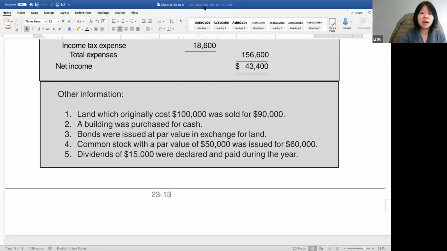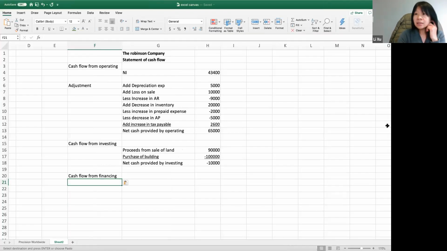Okay, so now we're ready. Let's move back to the Excel. In Excel, we're going to do this one by one, okay? The best practice here is to follow the order they have on the balance sheet. You don't want to jump back and forth and confuse yourself. So first, payment of notes payable.